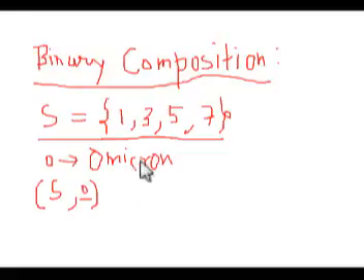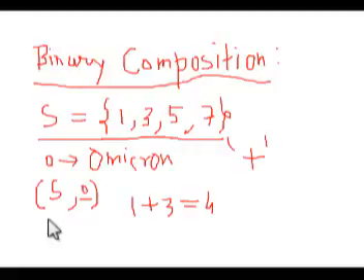I'm just giving an example. Take omicron as addition, which is a binary operation. Now 1 plus 3 is equal to 4, but 4 does not exist in S. So this binary operation here does not form a binary composition.